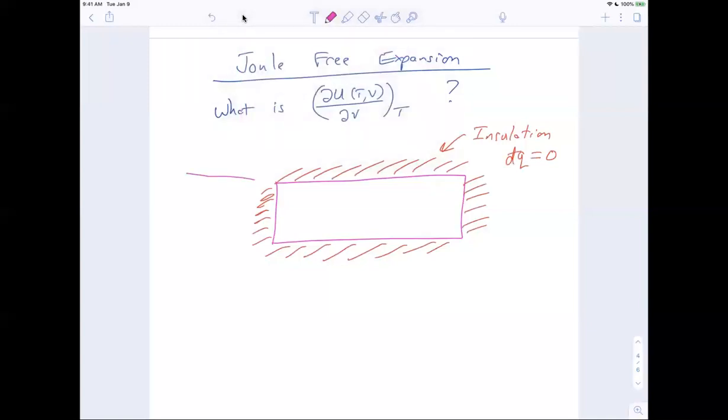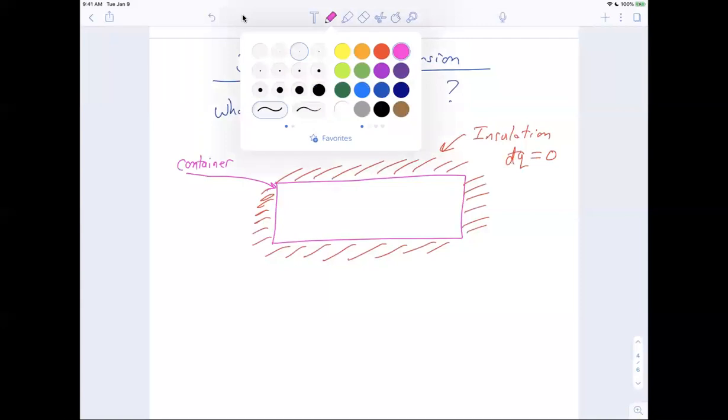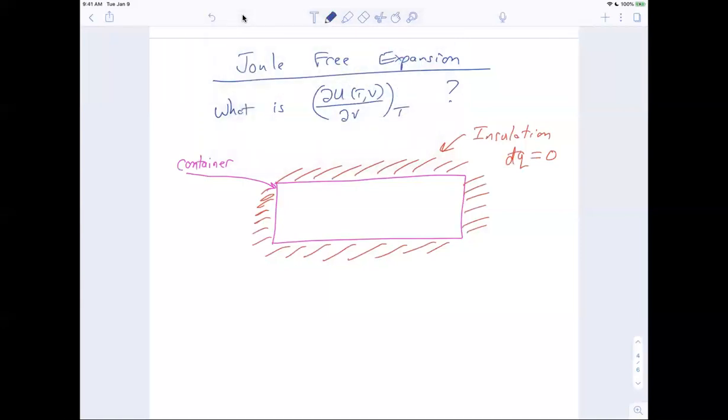Here's a container, or a vessel, and inside is going to be our system. Initially, I have a partition, and that partition separates two sides of this insulated container.